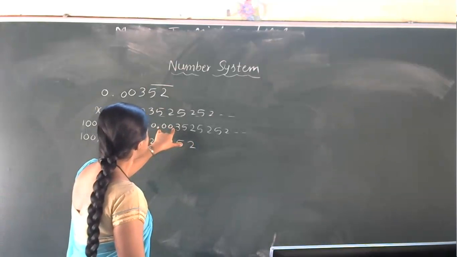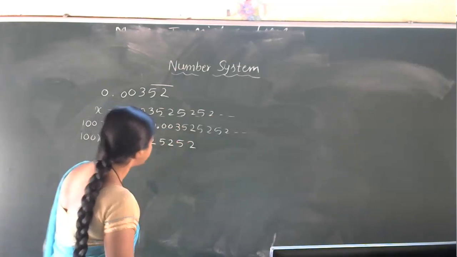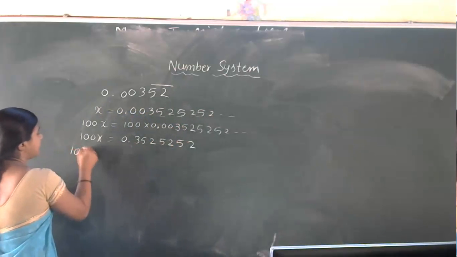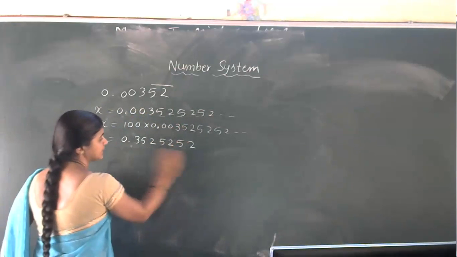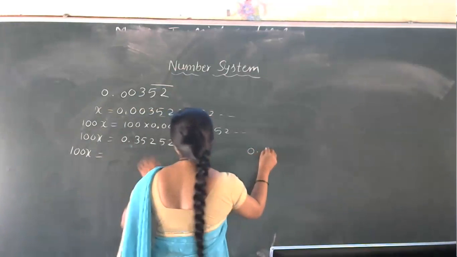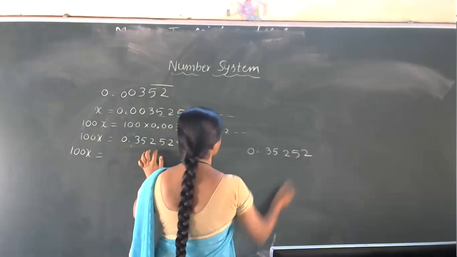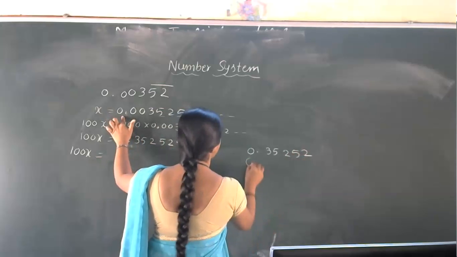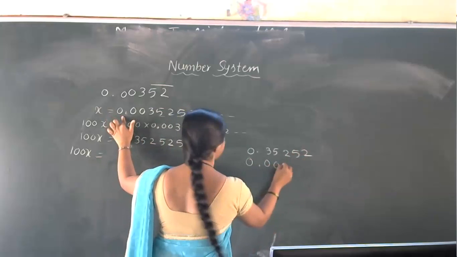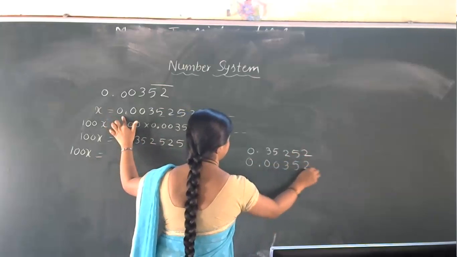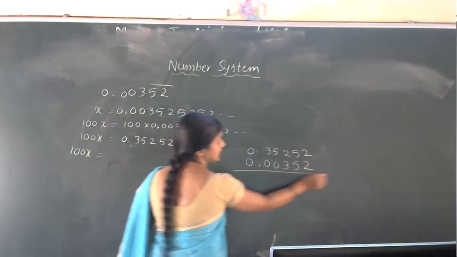So 0.3525252. Then 100x is equal to, now we have to split this number: 0.35252. Then your x is actually 0.00352. Okay, so next, subtraction.